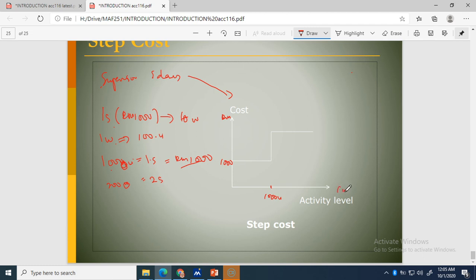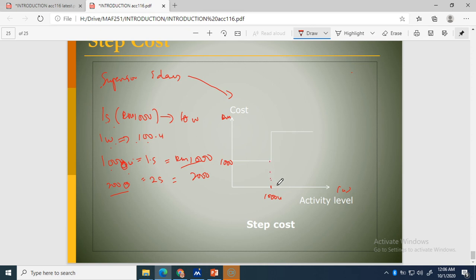This axis is in units. If you want to produce 2,000, you need 20 workers because one worker is 100. So for 20 workers, you need two supervisors, and the salary you have to pay is 2,000.